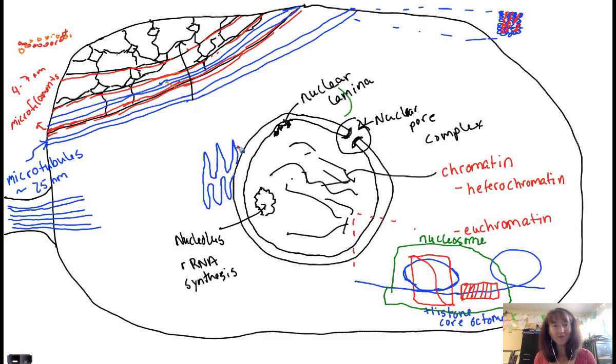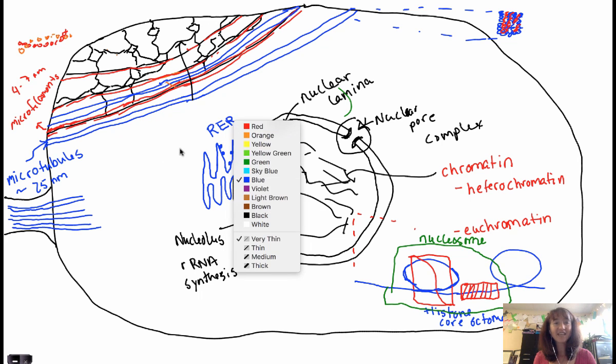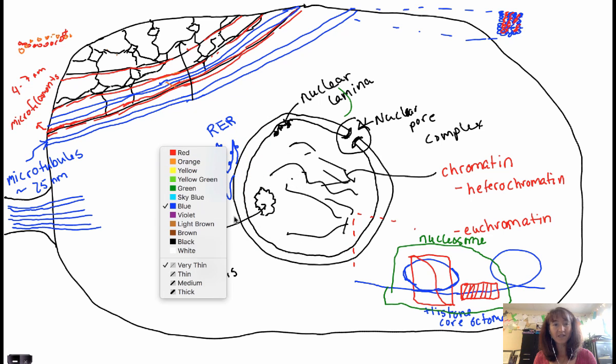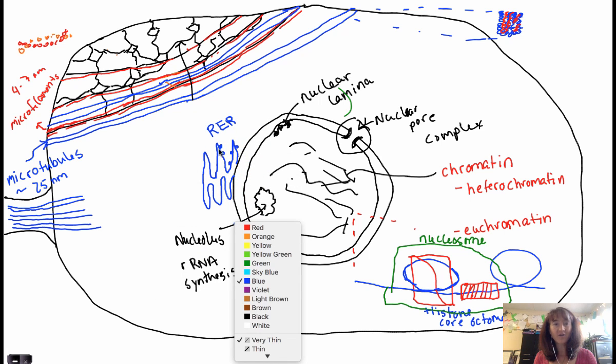And right here, I'm drawing one type of endoplasmic reticulum, and you'll probably guess that what I'm drawing is the rough endoplasmic reticulum, or RER, because I'm studying it with ribosomes, and you can see all of the ribosomes on the surface of this rough endoplasmic reticulum.